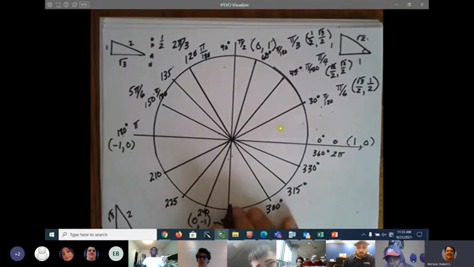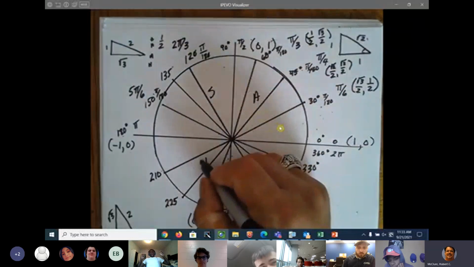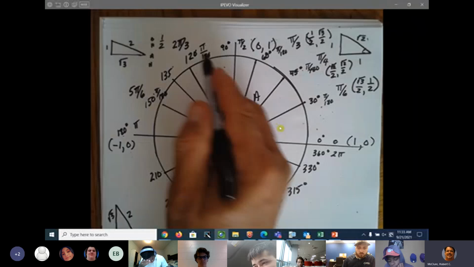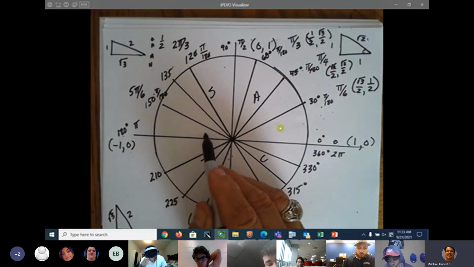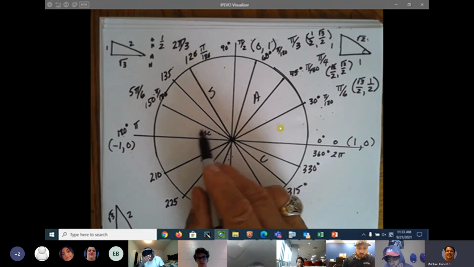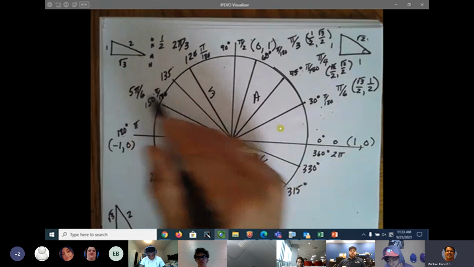And now all you need to do is remember all students take calculus. Now you can do these over here: the sine and the cosecant are positive, so you know that the sine of these three is going to be positive.